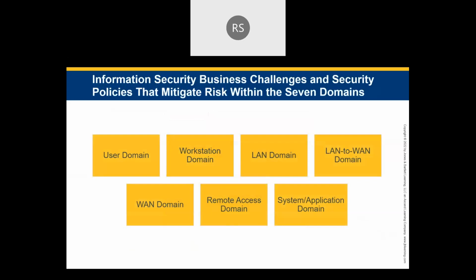So next, we're going to look at the information security business challenges and security policies that mitigate risk within these 7 domains. We're going to discuss the importance of security policies in mitigating risk and ensuring the confidentiality, integrity, and availability of the data within each of these domains.